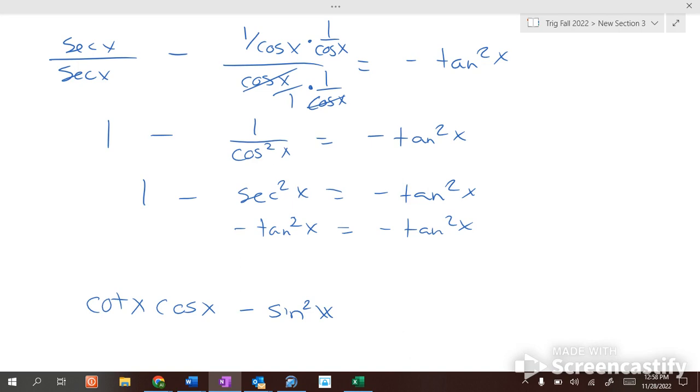Yeah, that's cotangent of x, cosine of x, times sine squared of x, times cotangent of x equals. No, I'm not done yet.